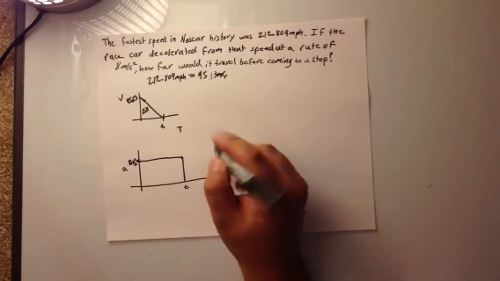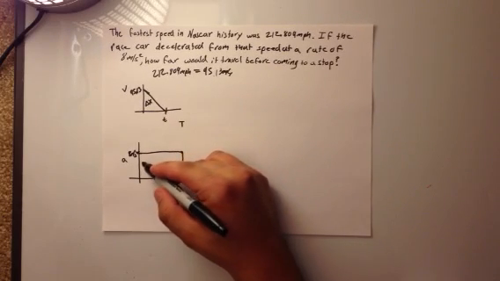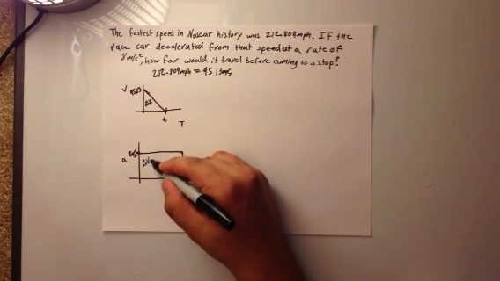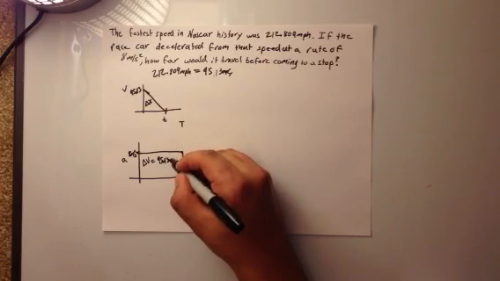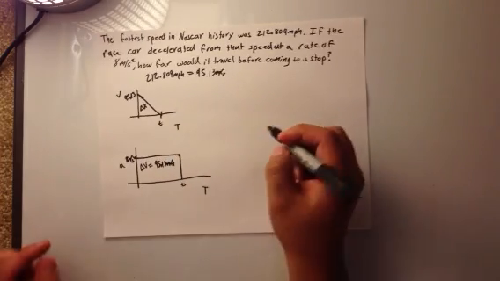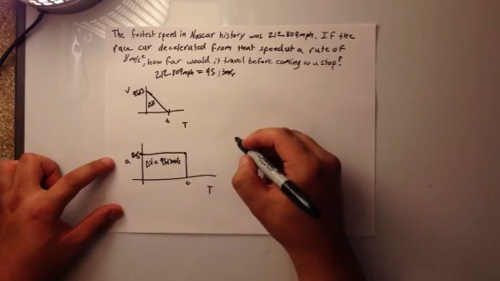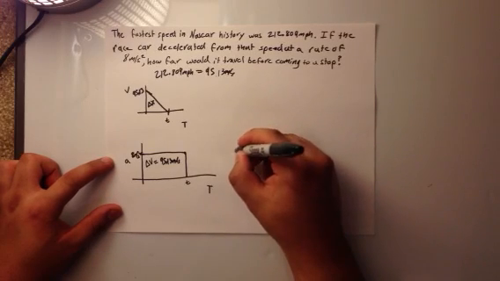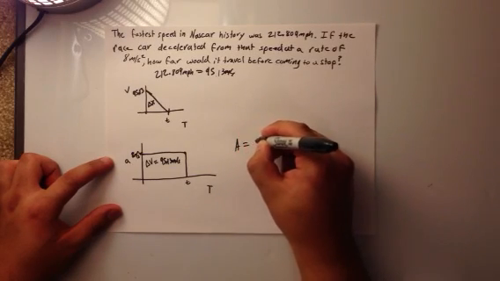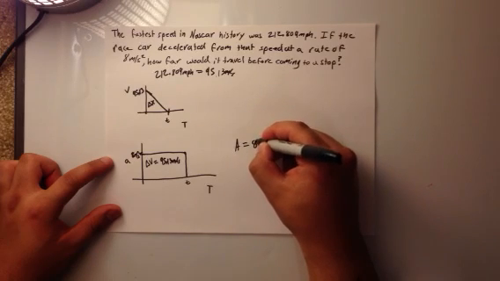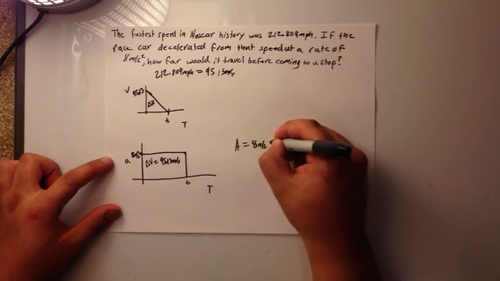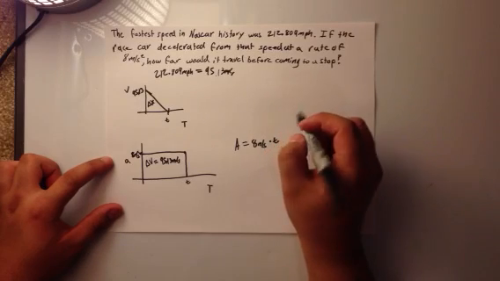And that's what we're trying to find out. So we know the area under this equals delta v, which equals 95.13 meters per second. So then it's just a geometry problem. The area of a rectangle equals base times height, which is 8 meters per second squared times our base, which is our time.